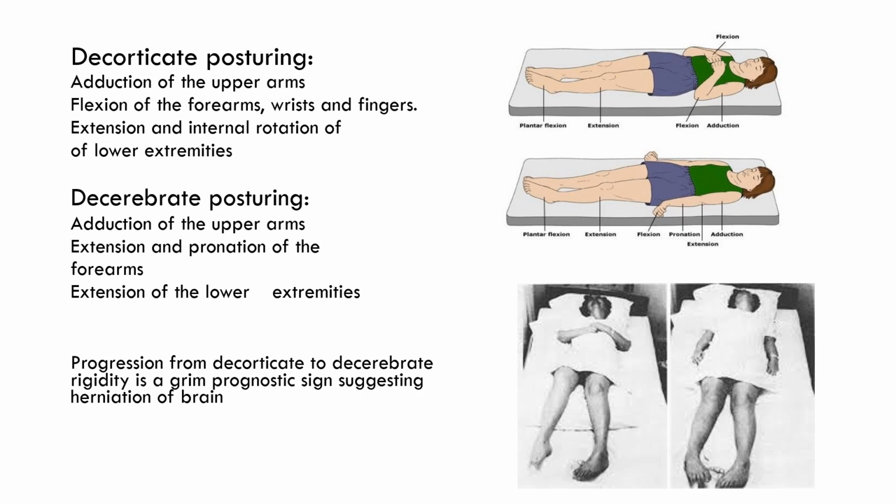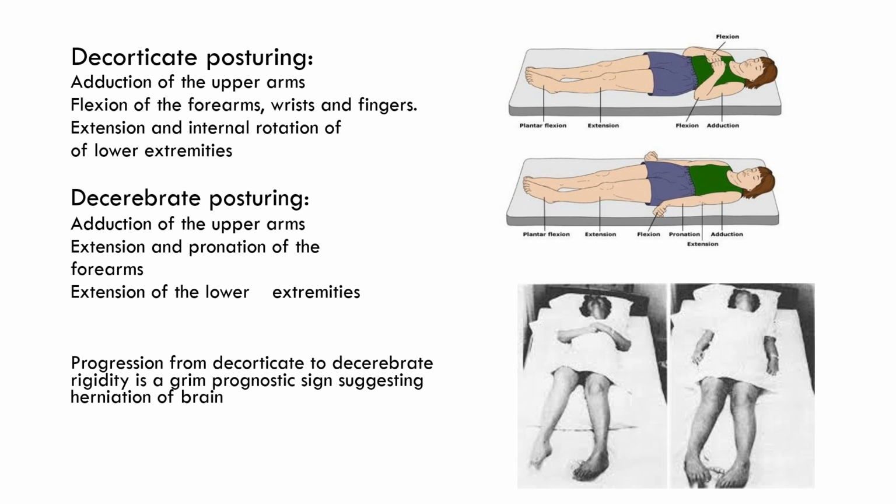There are some specific postures that occur in comatose patients. A decorticate posture is one in which the forearms, wrists, and fingers are flexed with adduction of the upper arms: flexion of the upper extremities and extension of the lower extremities.